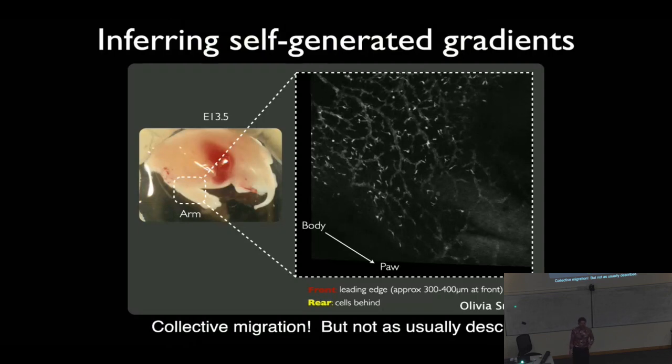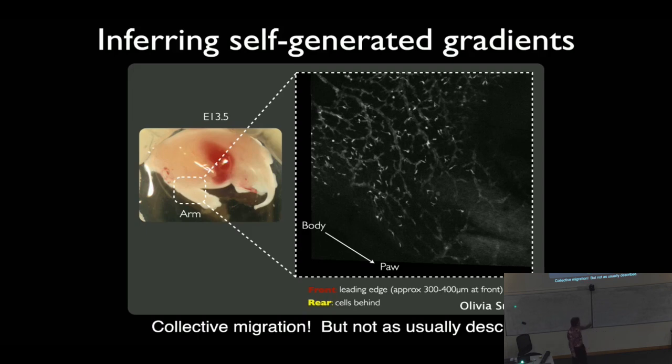So where might you expect to see this sort of self-generated gradient? I've talked about melanoma, but here is a case in a developing mouse. So developing mammals are unpigmented. Embryos are white. But at a certain point in embryogenesis, the melanoblasts come out of the neural crest and migrate through the skin round from the neural crest round to your tummy, from the neural crest down your shoulders and down your arms.